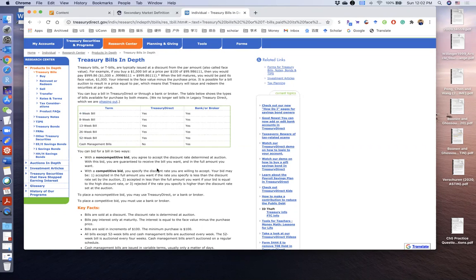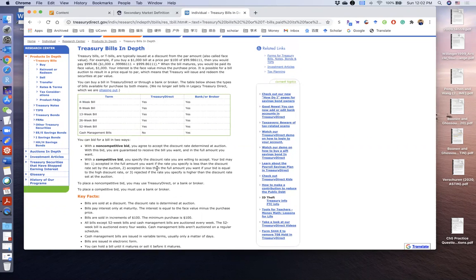And more important is how you can purchase a Treasury bill, or how you can bid for a Treasury bill. They are non-competitive bids, and competitive bids. In terms of trading stocks, you can think of those two as market order and limit order.